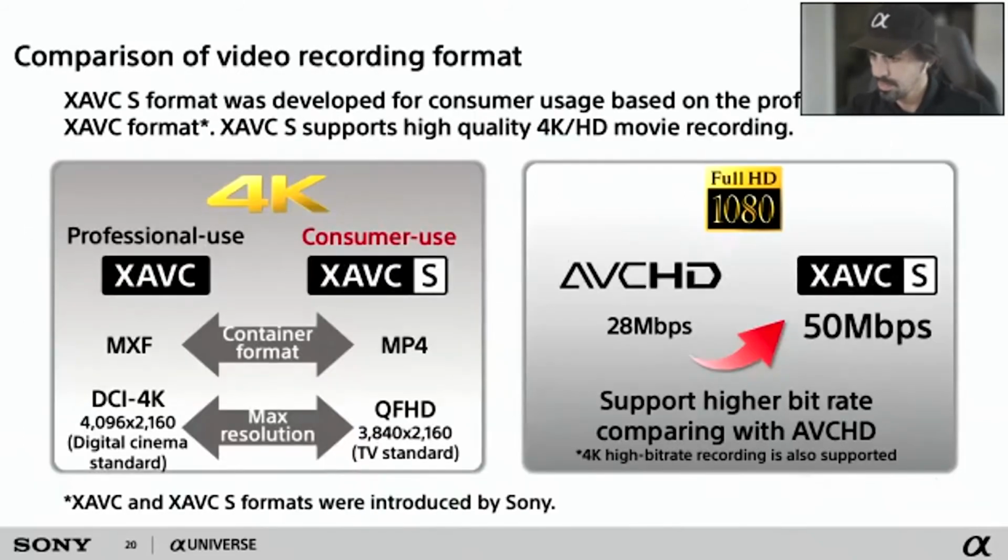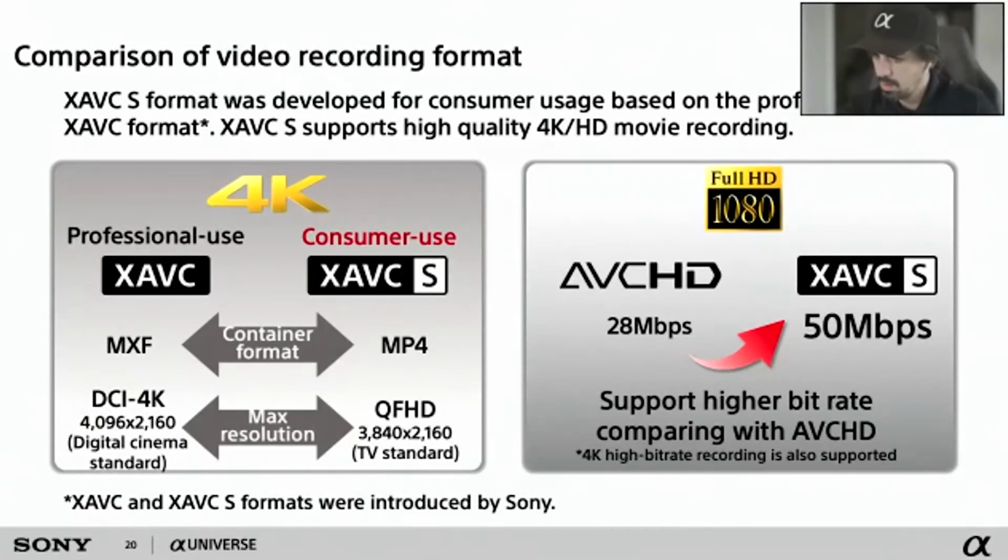And when you were talking about mobile-friendly codecs, yes, XAVC S or just editor-friendly codecs, they're also mobile-friendly in the idea that you could send these straight to your phone and use the Imaging Edge mobile application, just as much as there is software for the computer. There is a mobile application, and the Movie Edit add-on is going to allow the ability to handle those files in a more mobile workflow.